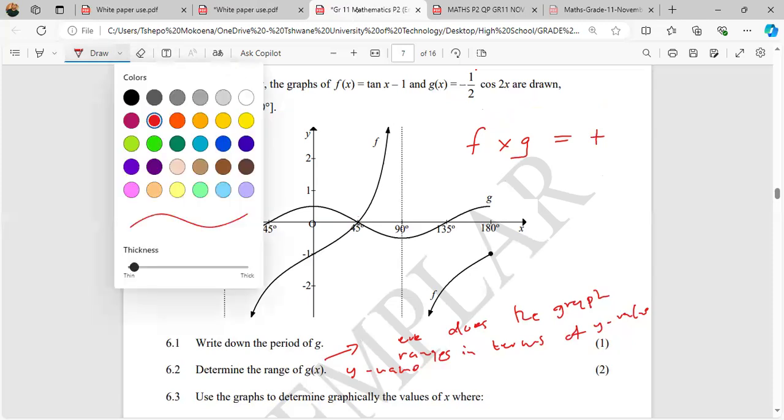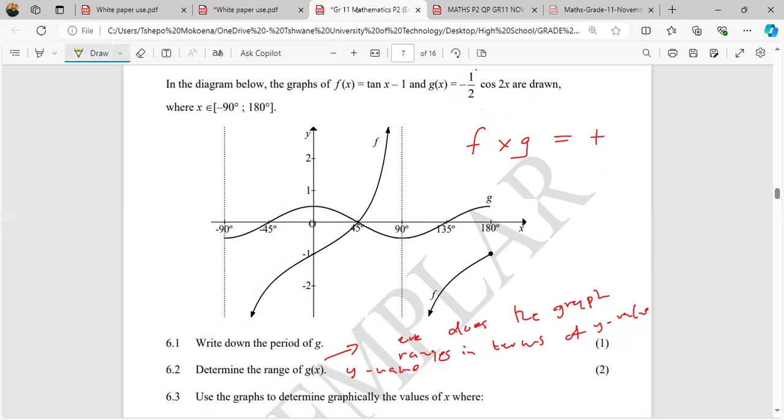Look at it like this: I want f and g at the same time, where they move together. You can start anywhere as long as you find all of the solutions. Normally, I start at the intersection, ne?